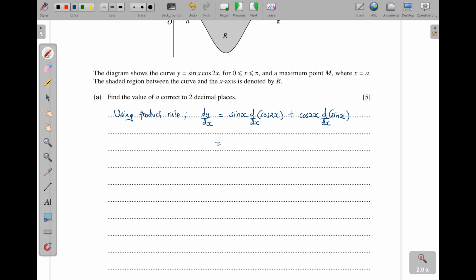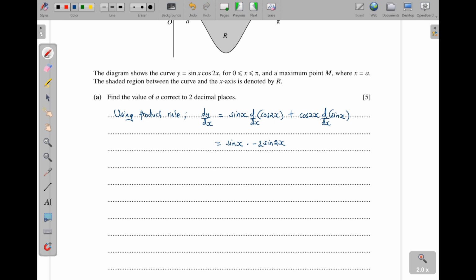So when we differentiate here, we shall have sine of x times cos 2x. When you differentiate cos, you get a negative sign. Okay, we get negative sine of 2x, but then we have to differentiate that angle, so we get a 2, then we multiply it all through.